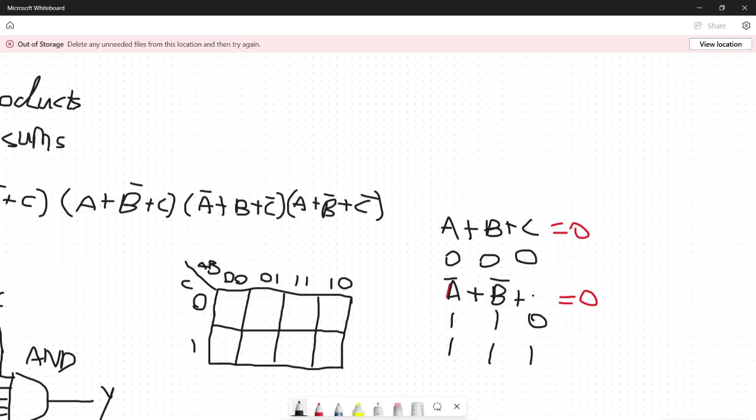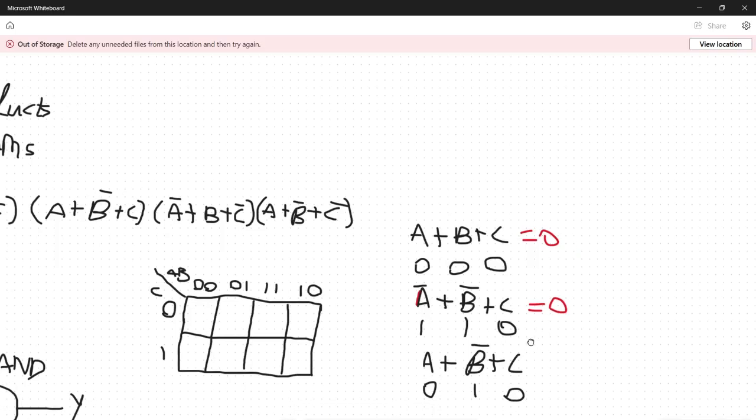But for now, I'm going to add plus C. So then this will only work with this specific combination. And then A plus B inverse plus C, well, that's going to be when A is 0, B is 1, and C is 0. See, it must add up to 0.